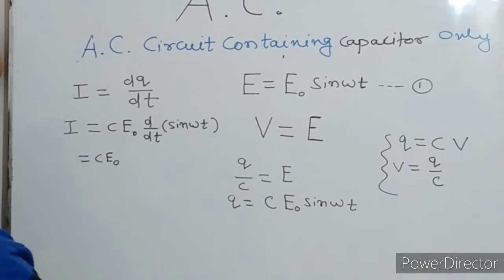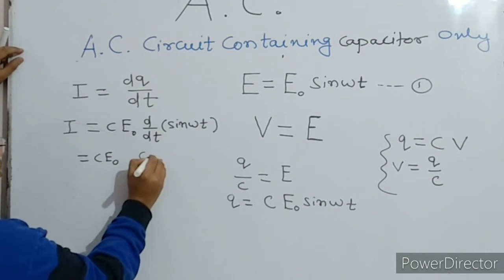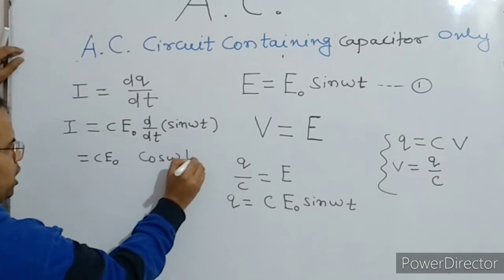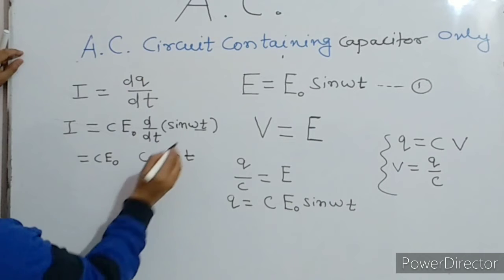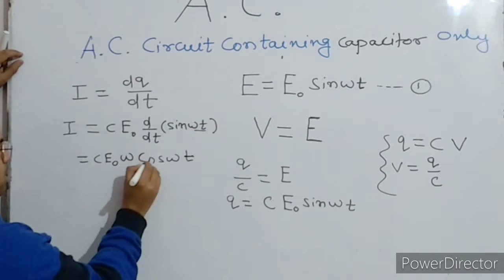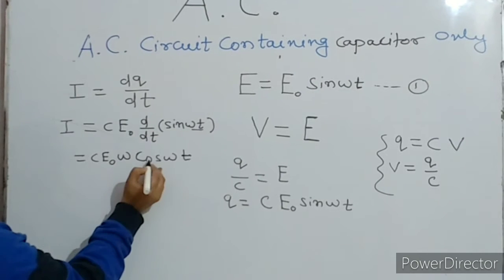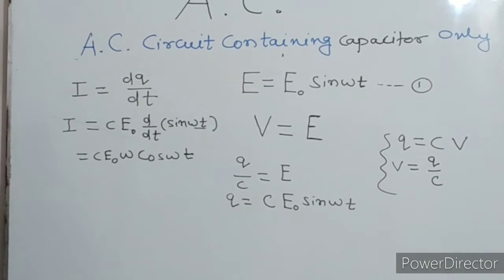Now the differential of sin omega t with respect to t would be cos omega t, but because it was omega t and not just t, we have to multiply by the coefficient of t, that is omega. That's why we can write it as C E naught omega cos omega t.